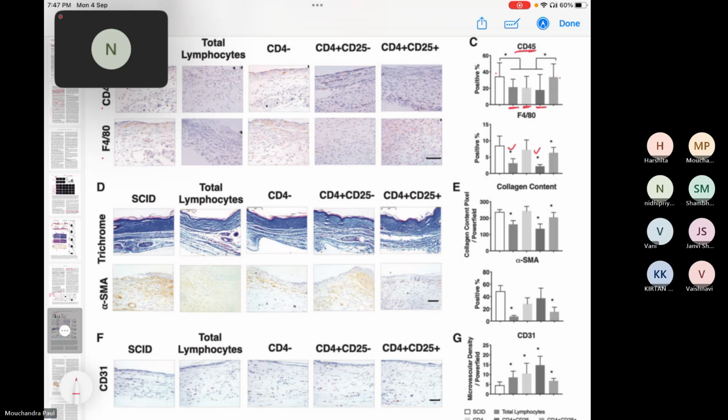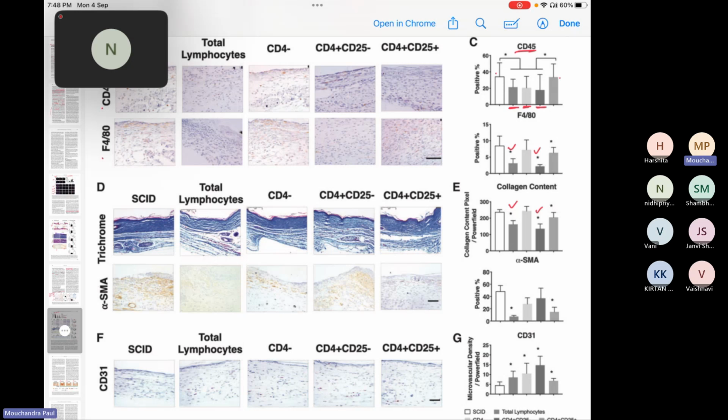In this graph, in the groups that had the total lymphocytes and the CD4 cells, only the collagen content has reduced, meaning deposition of the collagen has reduced. Again, that means that the fibrosis level has declined. In comparison, in the other groups, like CD4 minus and the regulatory T cells, the collagen content has not reduced that much.